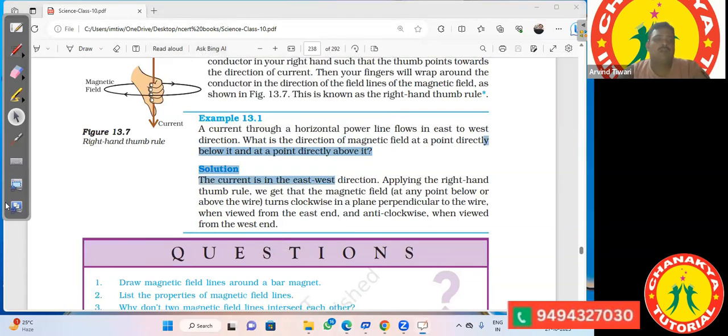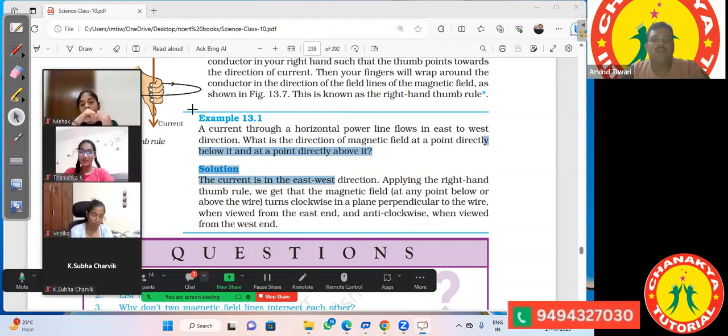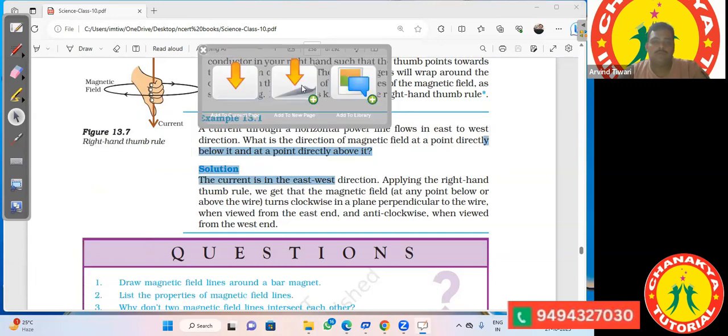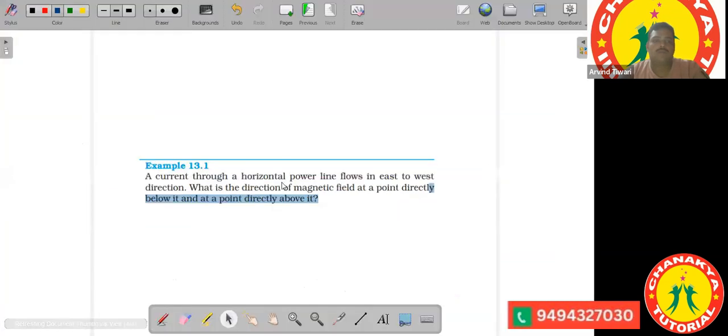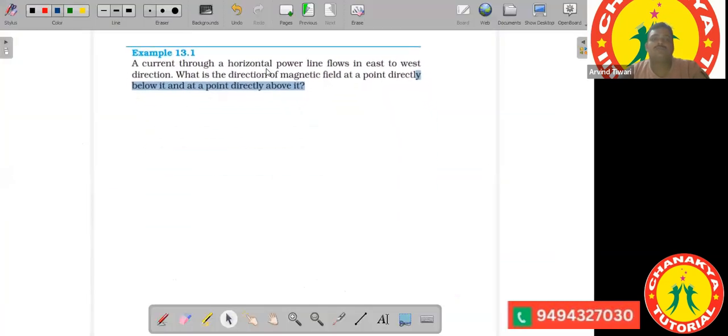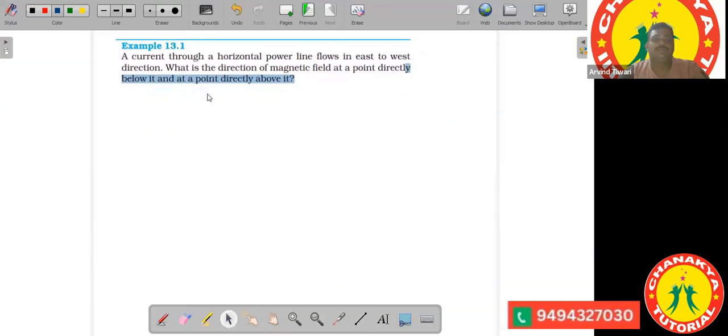A current through a horizontal power line. This one. So read the question and try to find out.